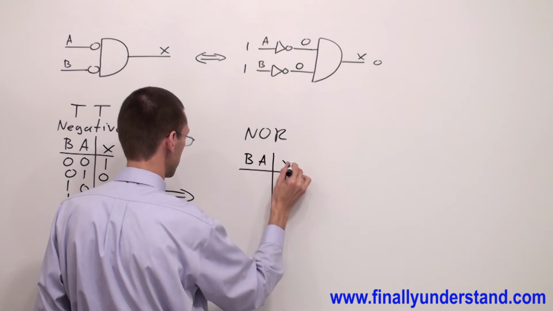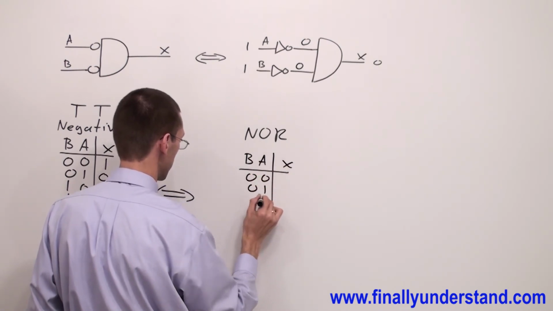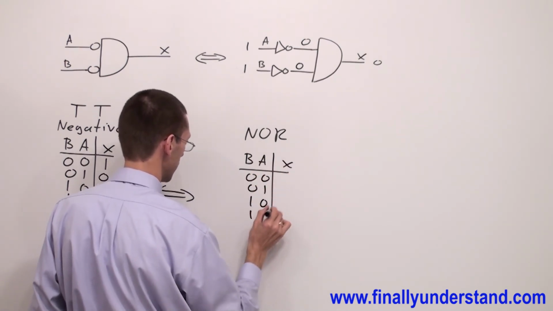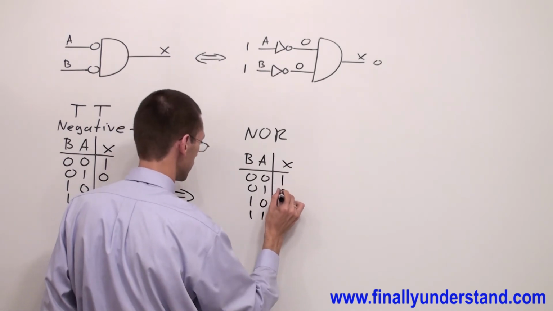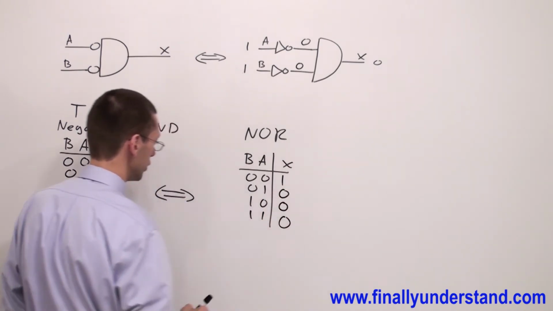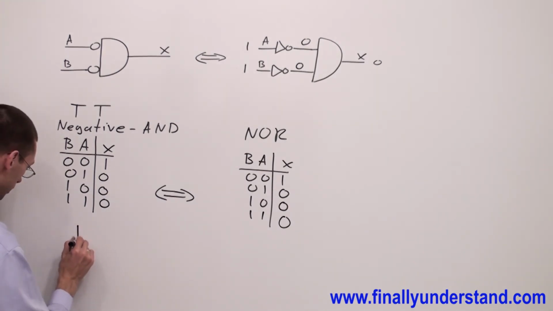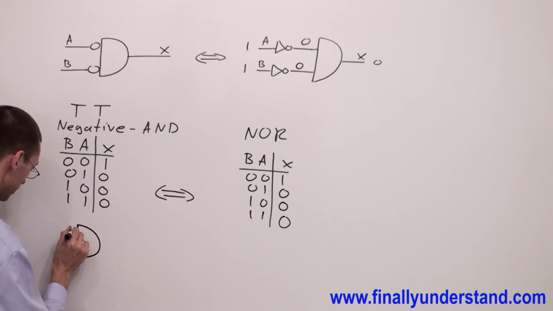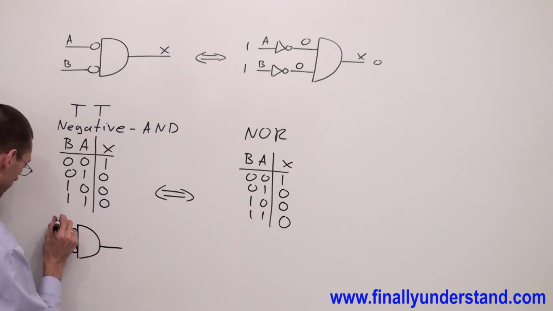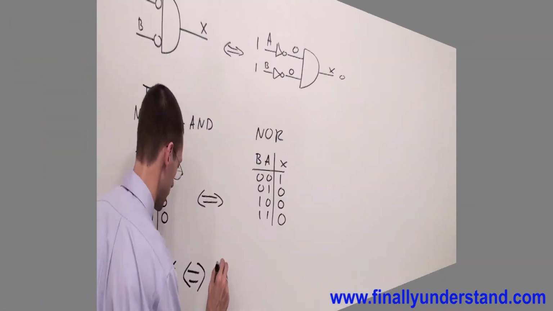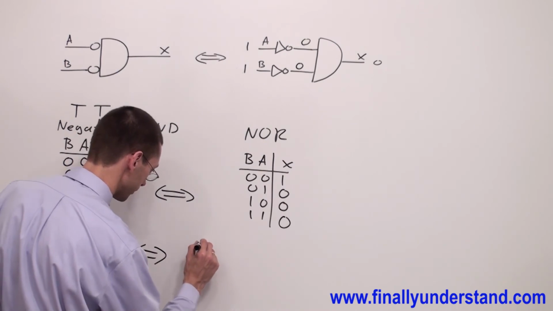Okay, we have 0, 0, 0, 1, 1, 0, 1, 1, and I have 1, 0, 0, 0. So what we can say? We can say that the negative AND gate is equivalent to the NOR gate.